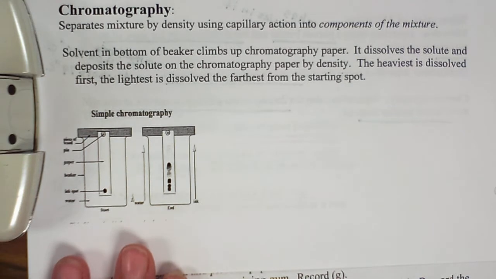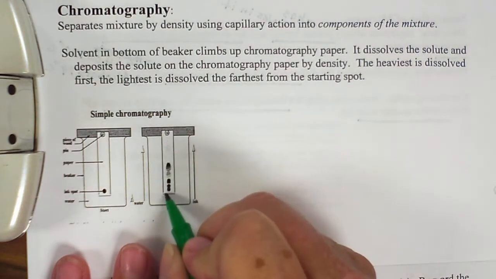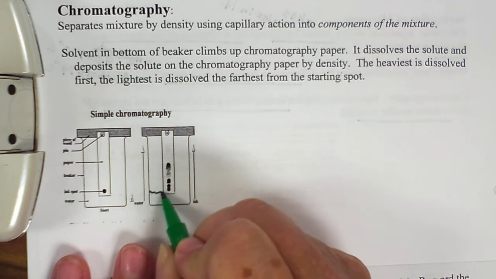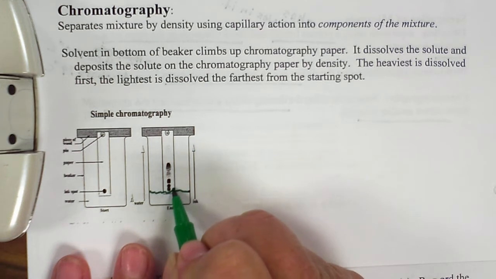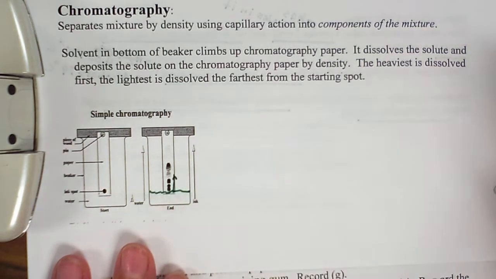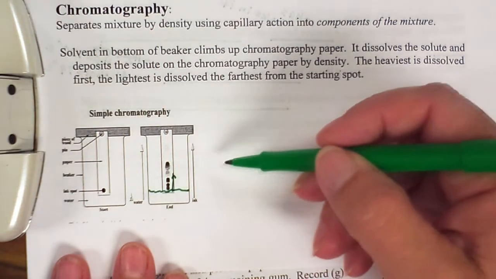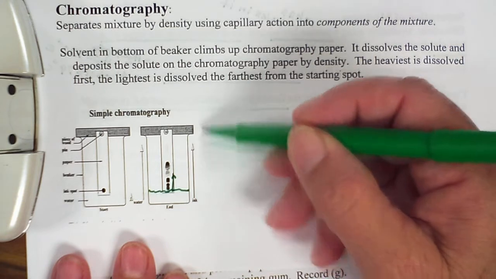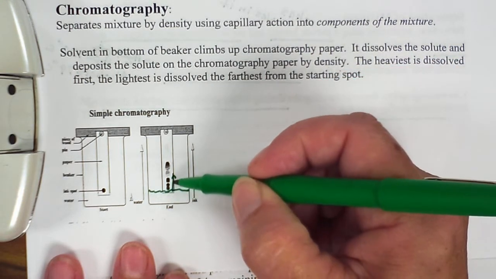It absorbs the solvent. And then you dip the chromatography paper into a solvent, and the solvent is absorbed up the paper as it would be if it was a paper towel. Like you dip the corner of a paper towel in, and the water starts to absorb up the paper towel. You've seen that, right? So it starts to get absorbed up.